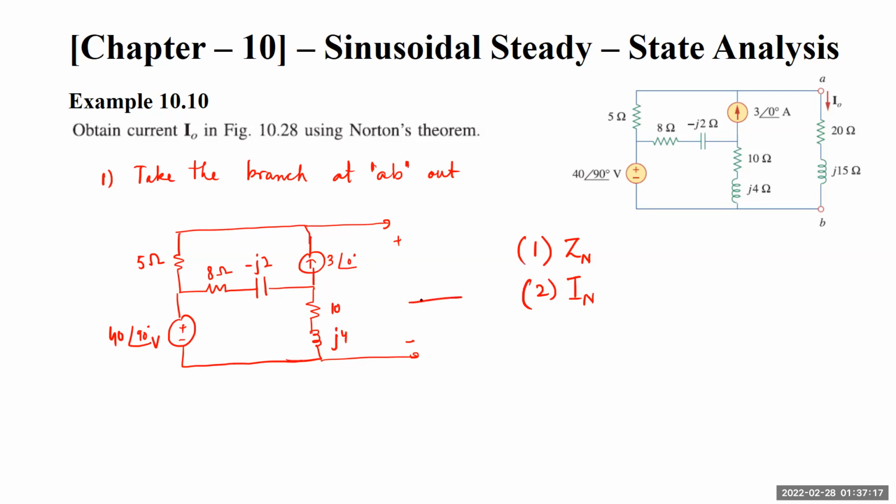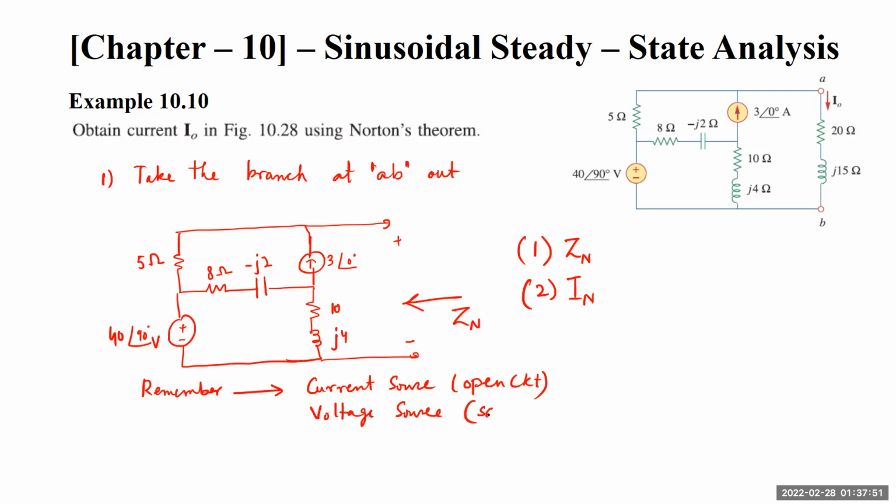First of all, what is the impedance over here, or Z Norton? The technique is the same as we use to find Thevenin. Again, remember, the current source is an open circuit, and the voltage source is a short circuit.